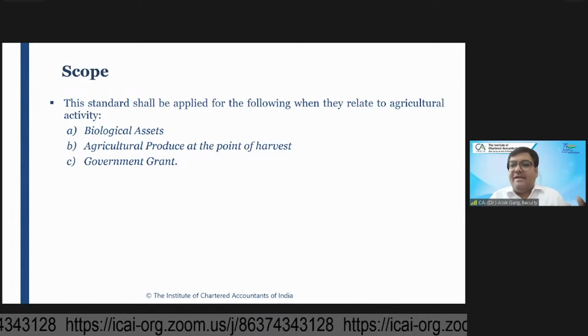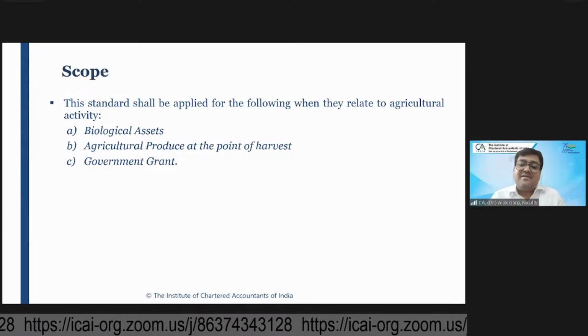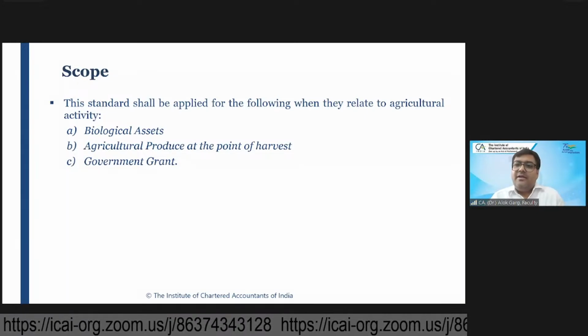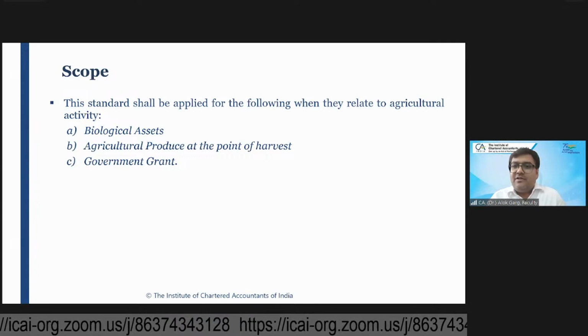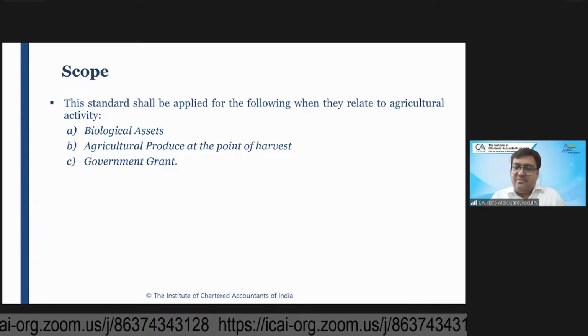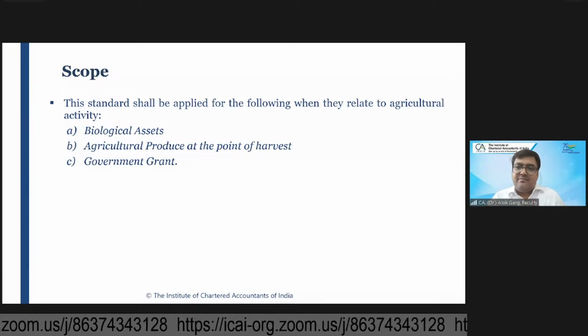Living animal, what does it mean? Have you seen the circus? In the circus, you have seen that the elephant is playing football, the monkey is riding a bicycle, the lion is jumping through rings of fire.